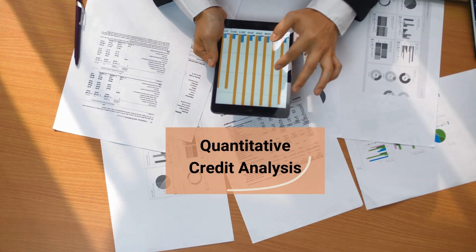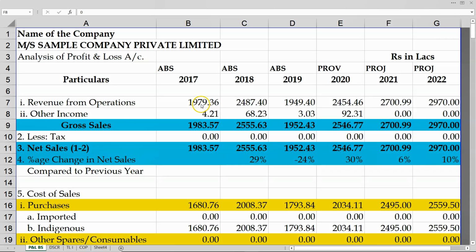In simple words, when you are inserting data into Excel like this, in order to calculate all the ratios and eligibility of the borrower, you are just classifying or regrouping the financial information according to the norms set out by your bank. But analysis of balance sheet does not end there.